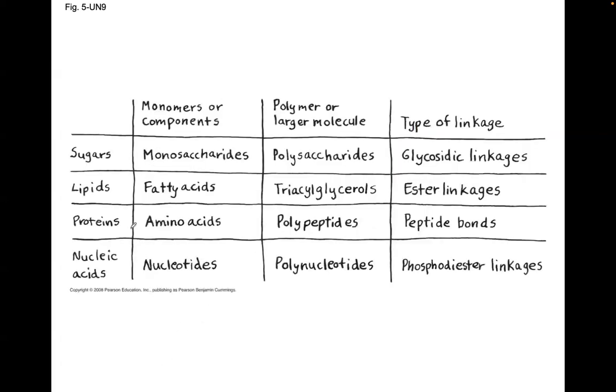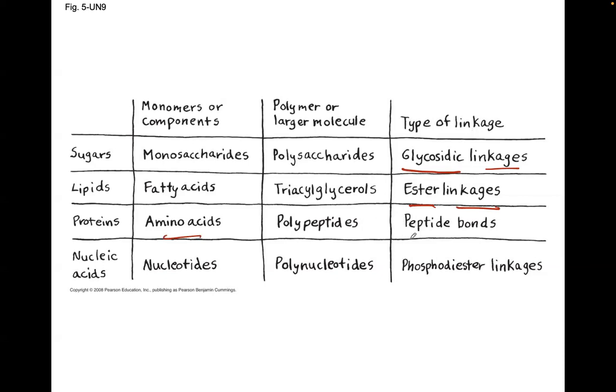Now this is a summary of what I talked about before. The sugar is a monosaccharide, a monomer. The polymer is polysaccharide, linked together by glycosidic linkages. The lipid monomers are fatty acids. The polymers are triacylglycerol, linked together by ester linkages. Remember these links, please. The monomers of proteins are amino acids, linked together into polypeptides.